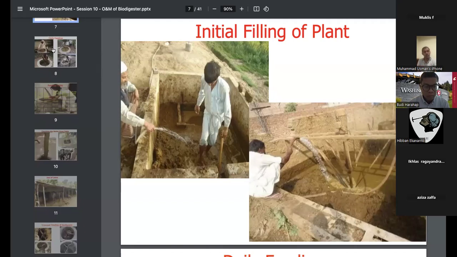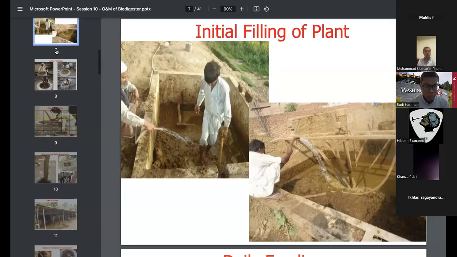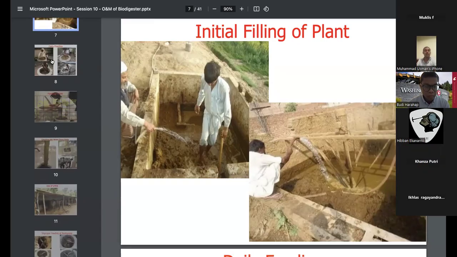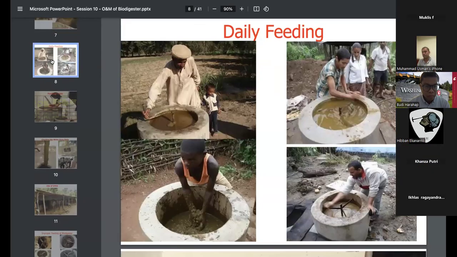If you have 1 kg of manure, you should mix 1 liter, or 1 kg, of water. Then you should mix it and feed it inside the biogas plant. So please advise the farmers that when they construct a new biogas plant, for the first feeding, use 100% fresh manure, and before putting in the manure, mix 1 part water with 1 part manure. After that, start the biogas plant. It will work perfectly.